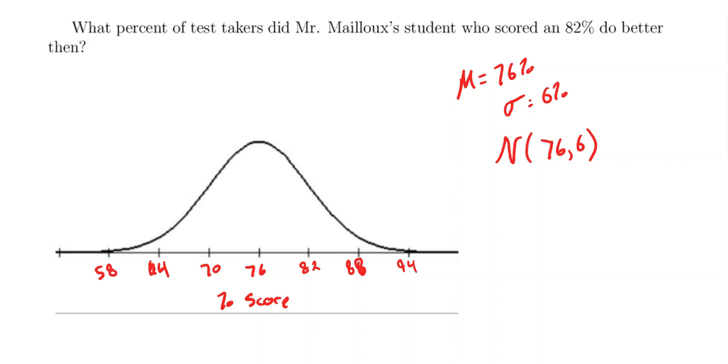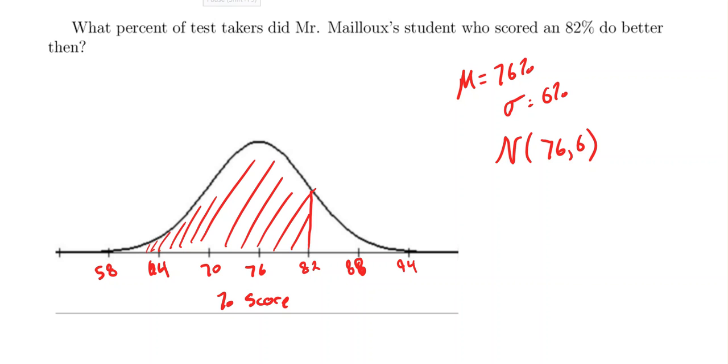But in this case, since we want to know what percent of the test takers the person who scored an 82 did better than, all we're looking for is what percent area this represents. So the area under this whole curve is 1, or 100% if you want to think about it that way.